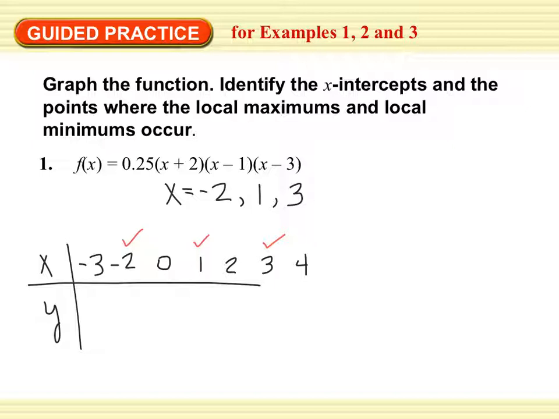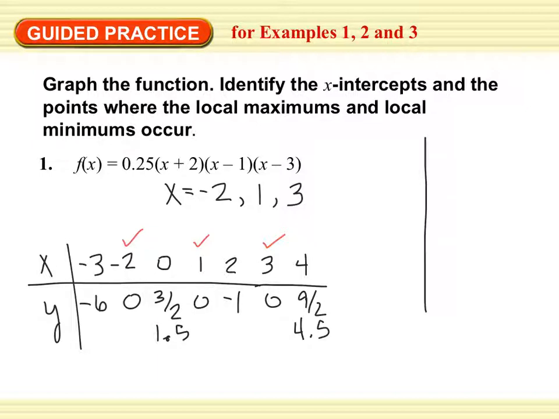But I can use my calculator. It's not a big deal. So there we go. Got all the points I need. Try to do a basic sketch.